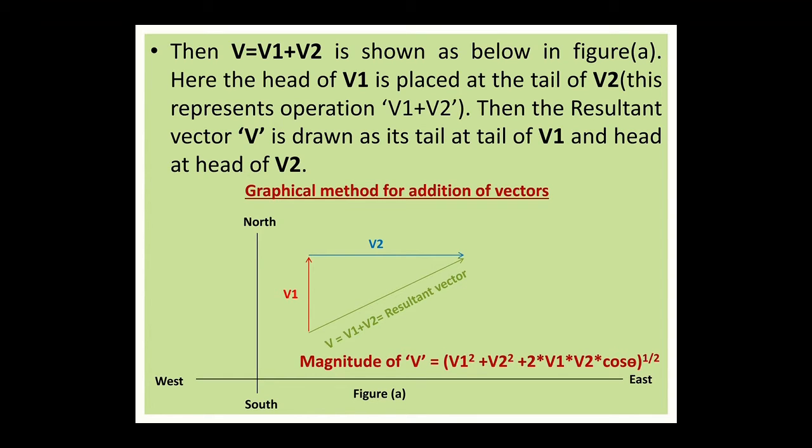So v1 plus v2, that is your v or resultant vector, is shown as below in figure A. Here the head of v1 is placed at the tail of v2. This represents the operation v1 plus v2. Then the resultant vector v is drawn with its tail at the tail of v1 and its head at the head of v2.